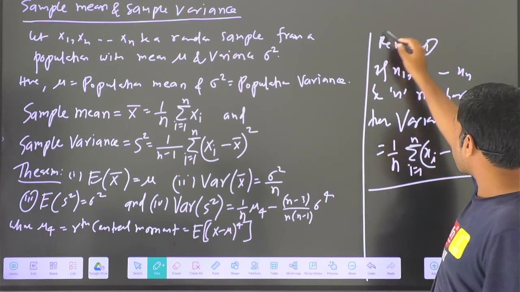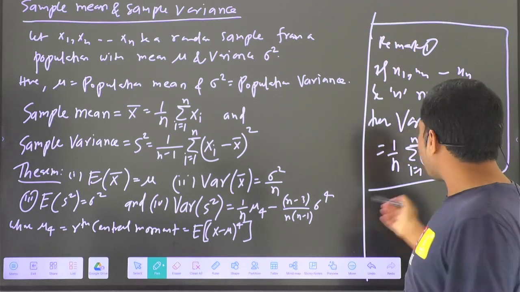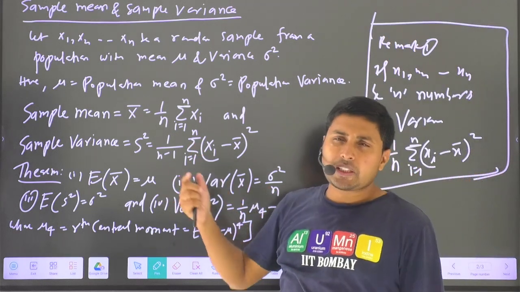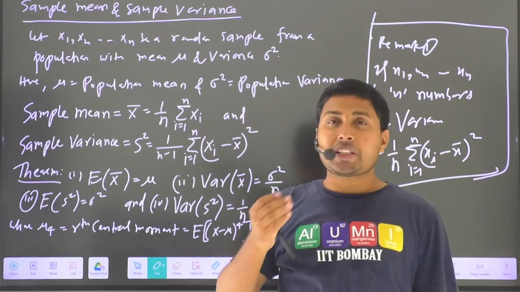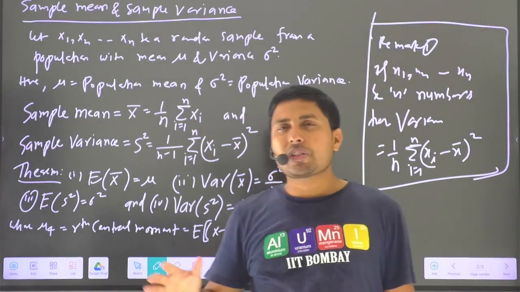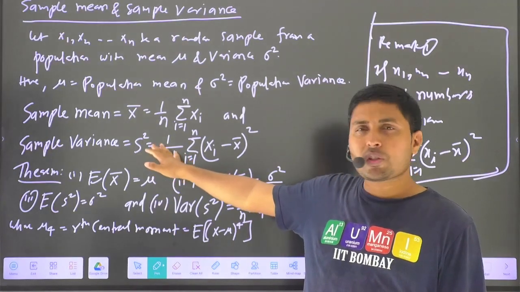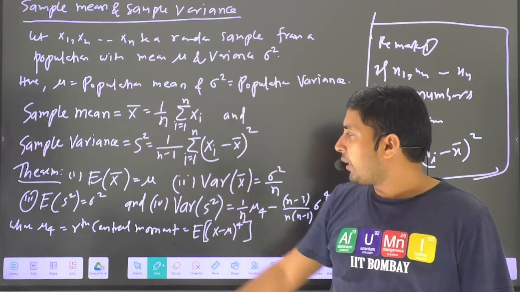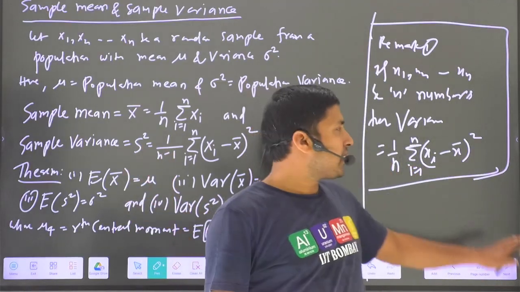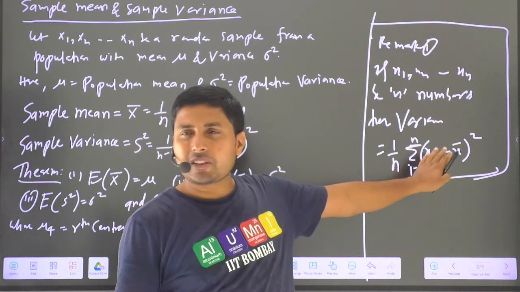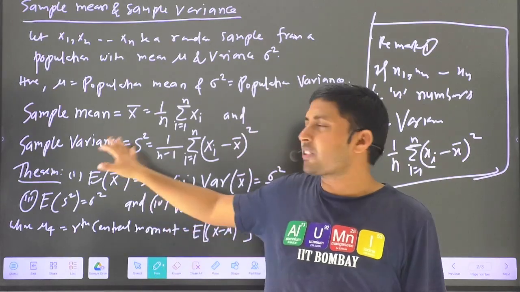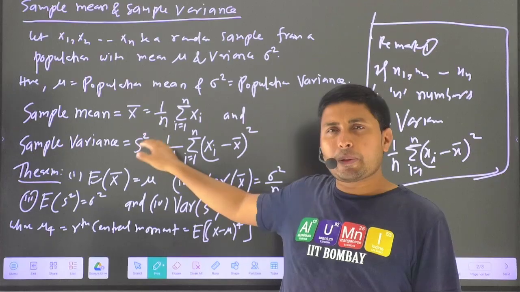But in the sampling case, especially in estimation theory, this is the definition of sample variance. In descriptive statistics that is the variance, but in parametric inference this is the sample variance. So everywhere you will find sample variance defined this way.